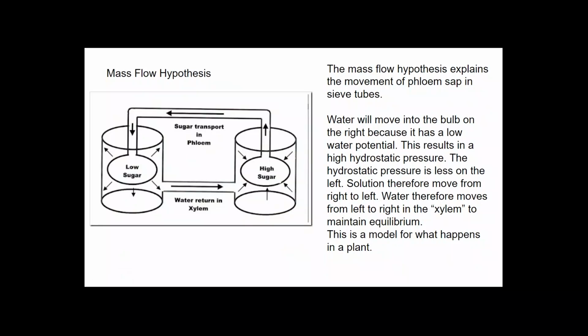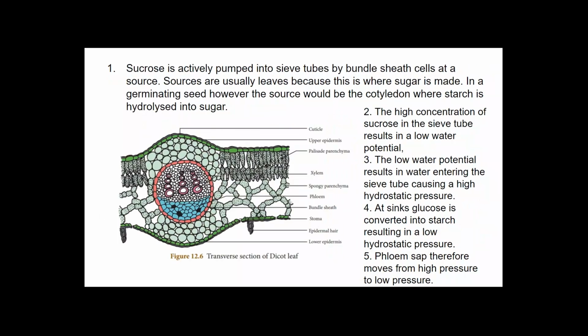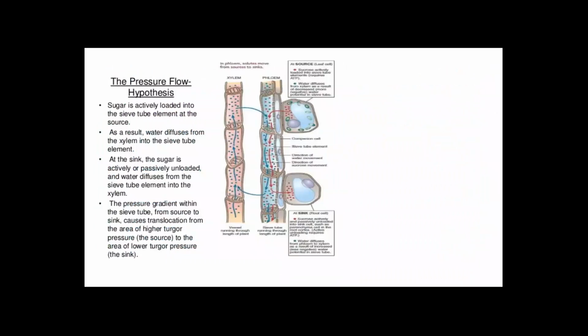But we know that the process along the sieve tube requires ATP, so it's still active, and therefore there's evidence against the mass flow hypothesis.